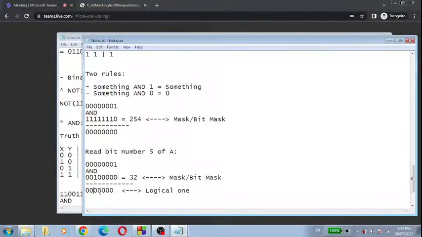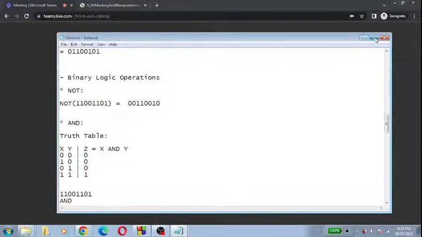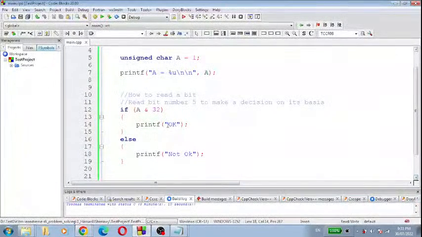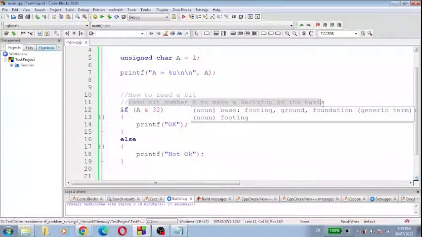So back to our old state again. I have here this code. I want to read a bit. Please read bit number 5 to make a decision on its basis. You need to make a decision on the basis of its value, whether it was 1 or 0.